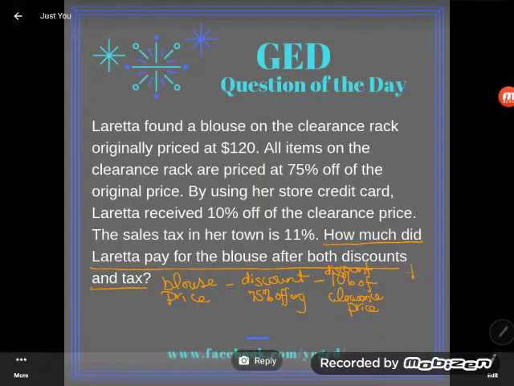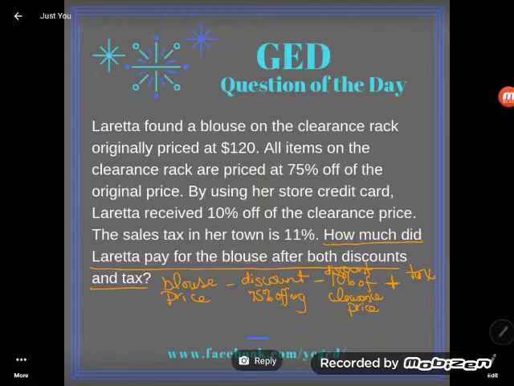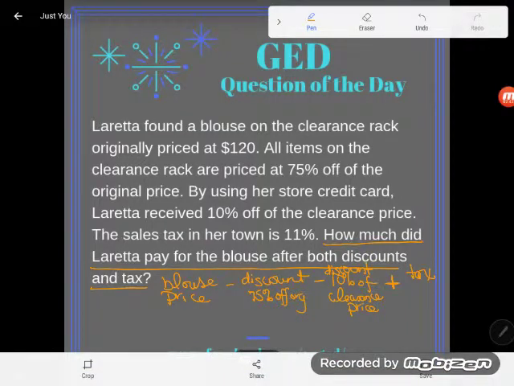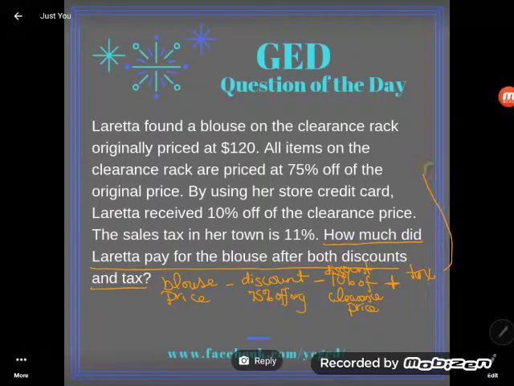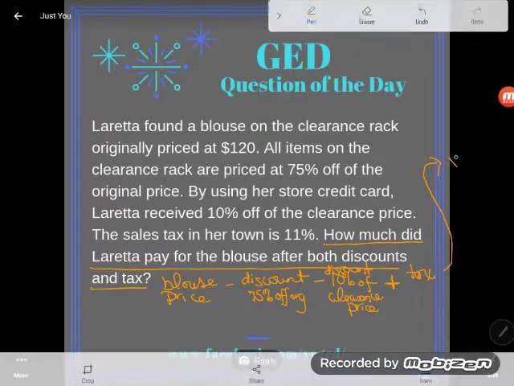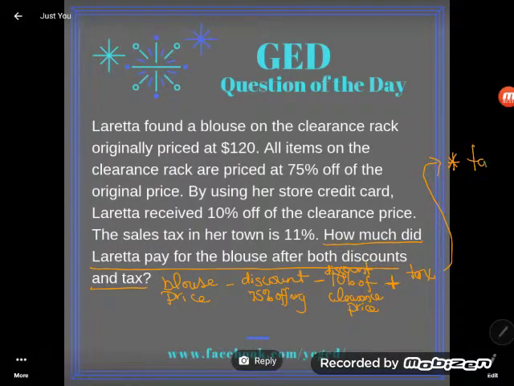Now, what happens with tax? Well, tax gets added on. So when I find my tax, I'm going to have to add it on. And you got to know this, so take note of this if you don't already know this. Tax is always after any discounts. They're not going to tax you on money you didn't pay.